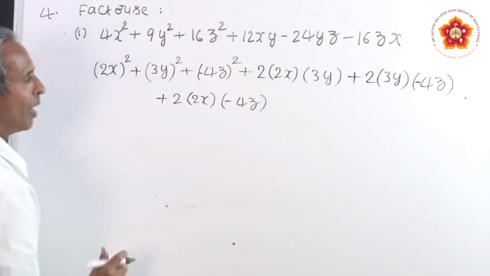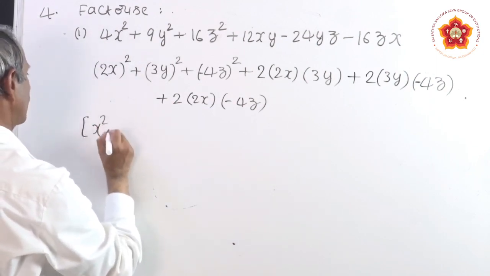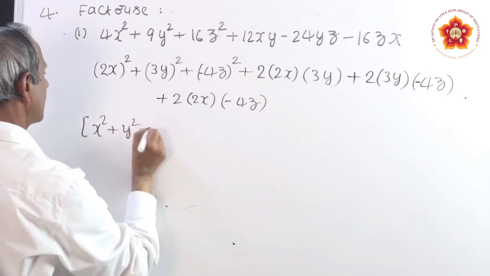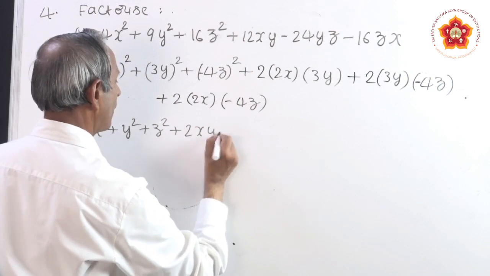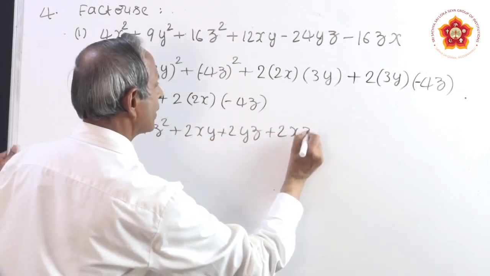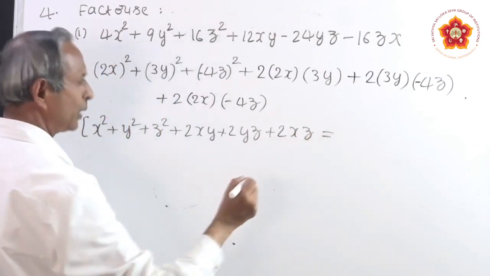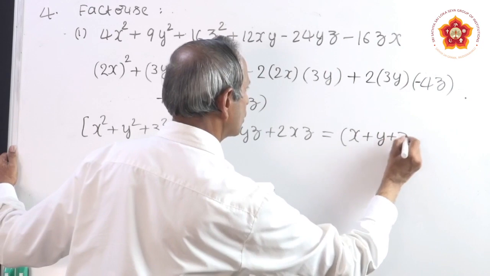Therefore it is in the form of the formula type, x square plus y square plus z square plus 2xy plus 2yz plus 2xz, that is equal to, already you know the formula in the reverse way, x plus y plus z whole square.